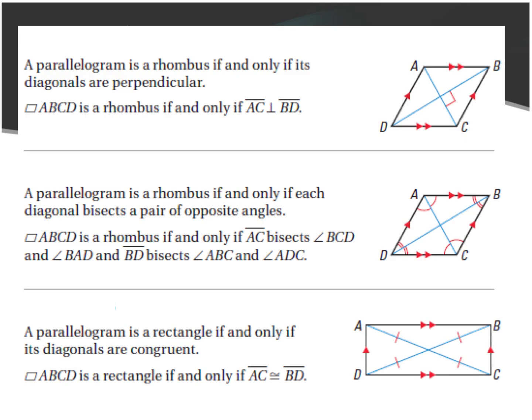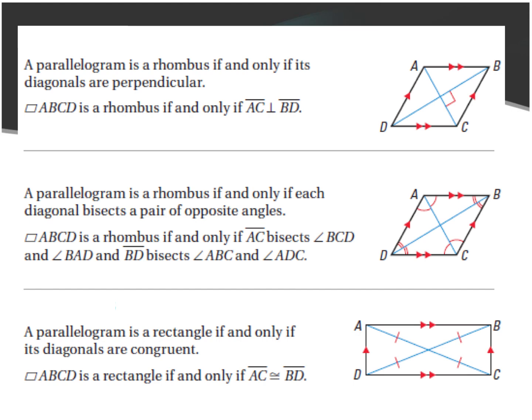Now we have the rhombus diagonal theorem, which says a parallelogram is a rhombus if and only if its diagonals are perpendicular. So parallelogram ABCD is a rhombus if and only if AC is perpendicular to BD.